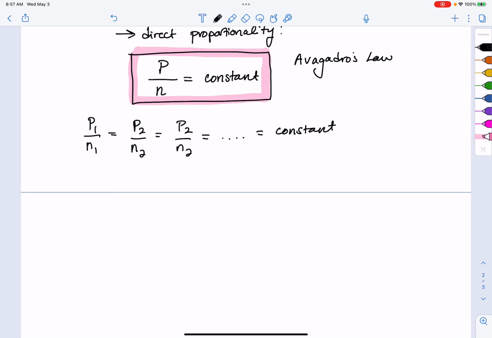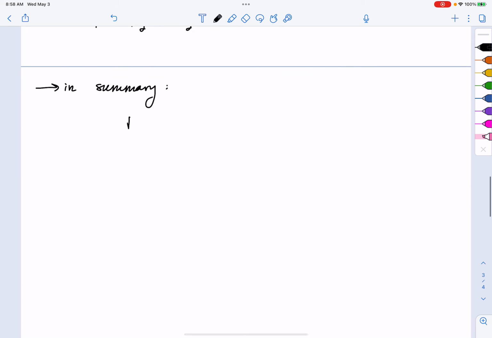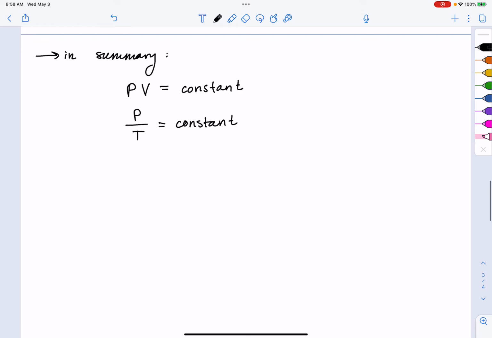So in summary, for our pressure relationships, we have that pressure and volume are inversely related. We have that pressure and temperature are directly related. And we have that pressure and moles are directly related.